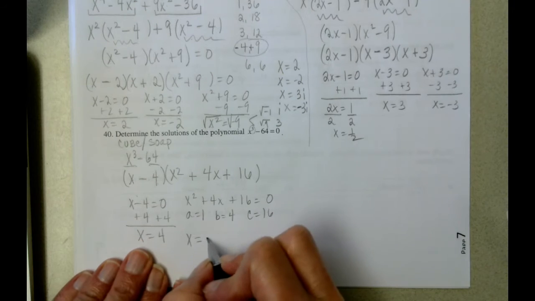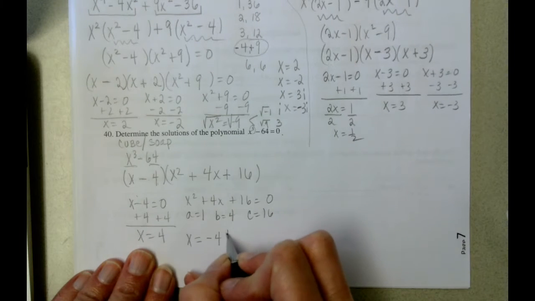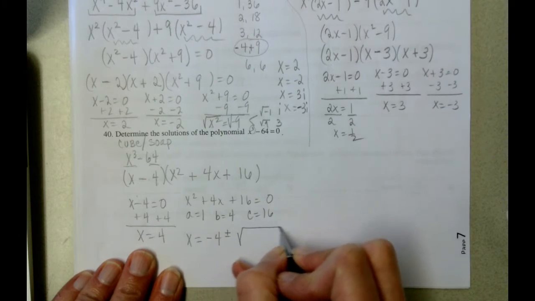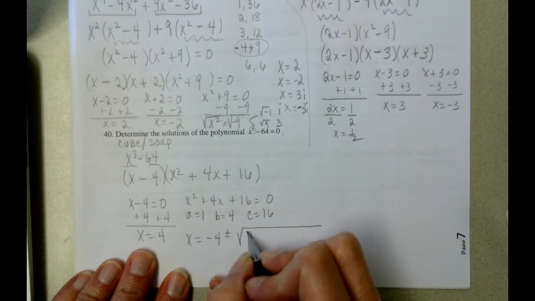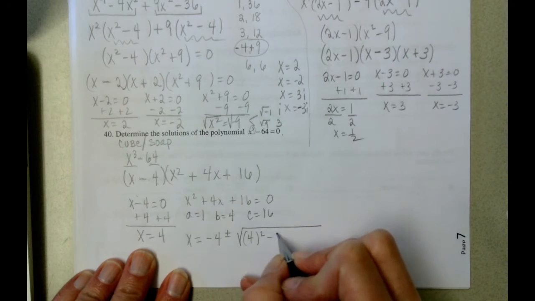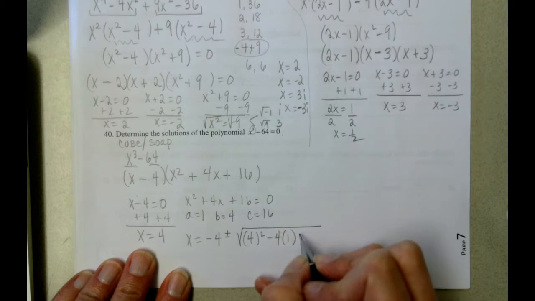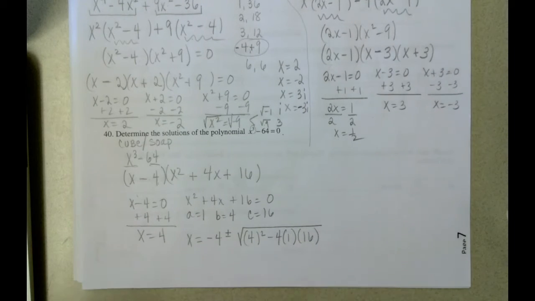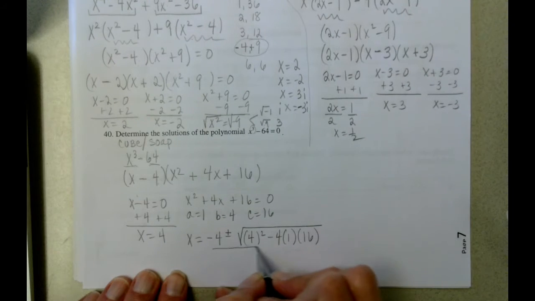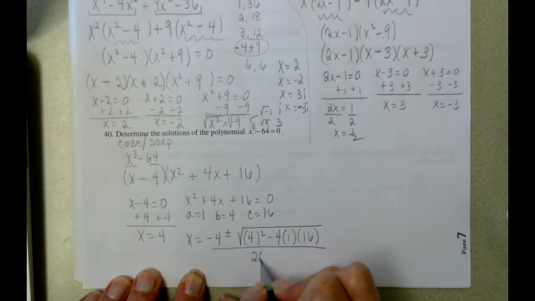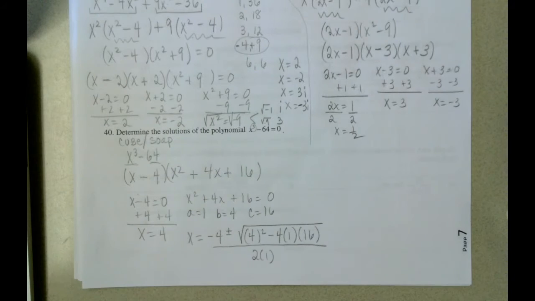X equals the opposite of b plus or minus the square root of b squared minus 4 times a times c, all divided by 2 times a. So I'm going to have to pull my calculator out. I haven't done that today.